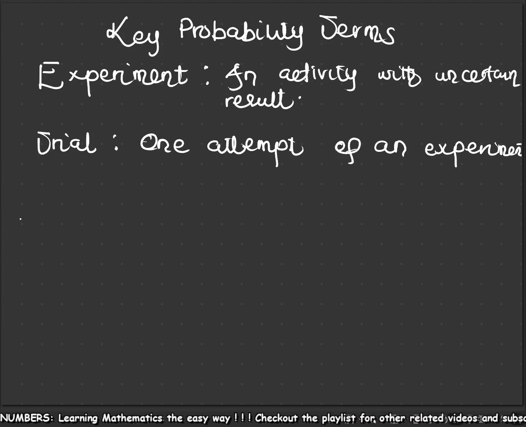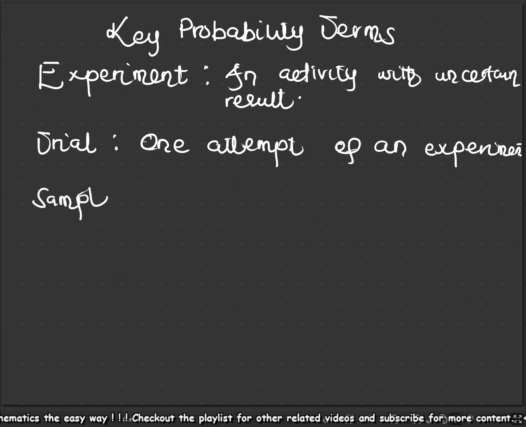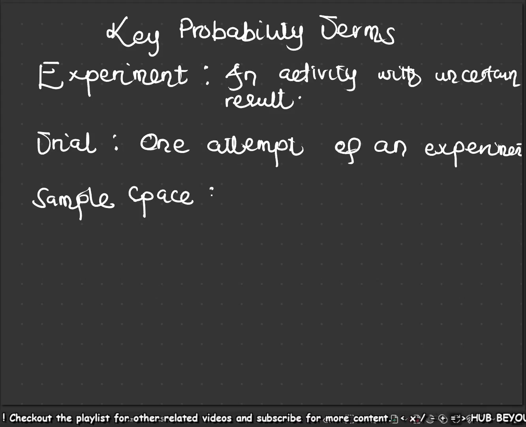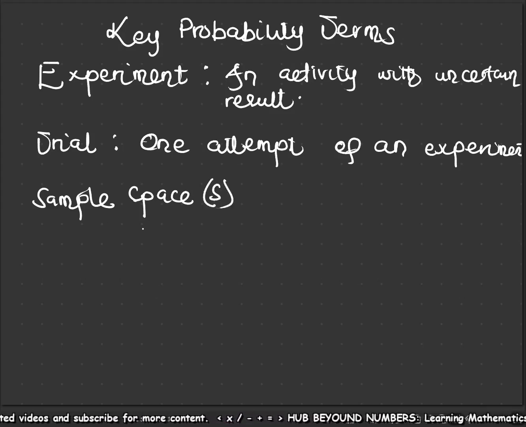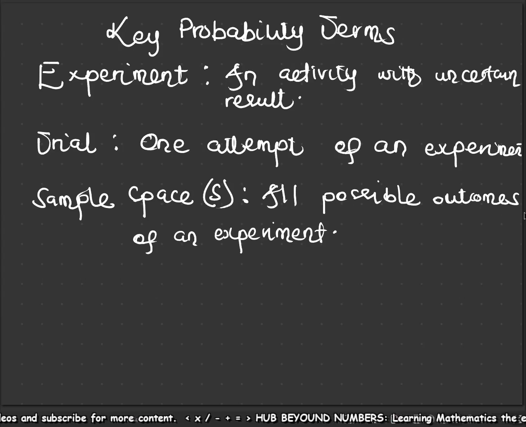Then the next term we really need to know is what a sample space is. If you have decided to study probability, then I'm sure you might have already come across sample space. The sample space, represented by S, is all the possible outcomes of an experiment. Let's say the experiment you want to do is flipping a coin.